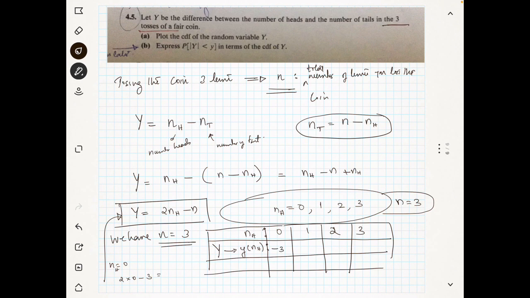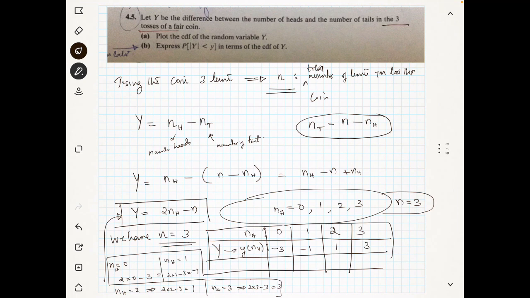When nh is equal to 1, we have 2 into 1 minus 3, which is minus 1. When nh is equal to 2, we get 2 into 2 minus 3, which is 1. When nh is equal to 3, we get 2 into 3 minus 3, which is 3.